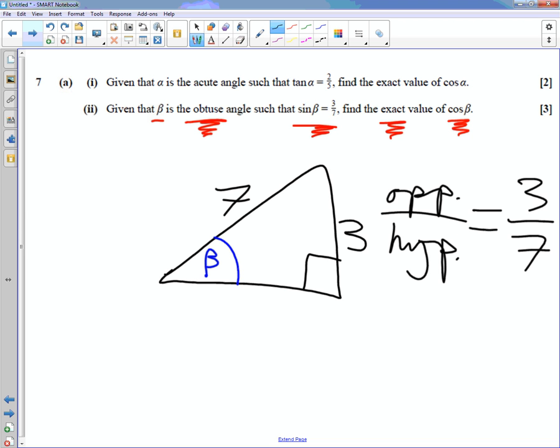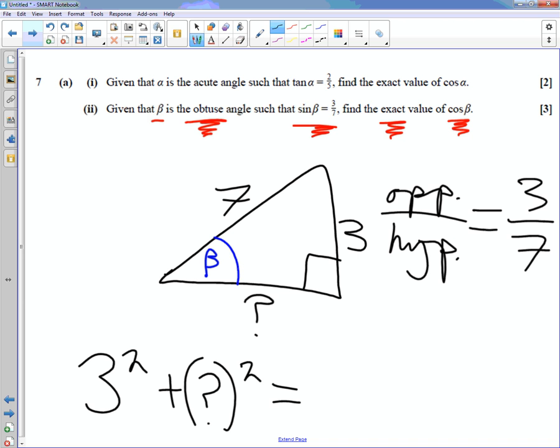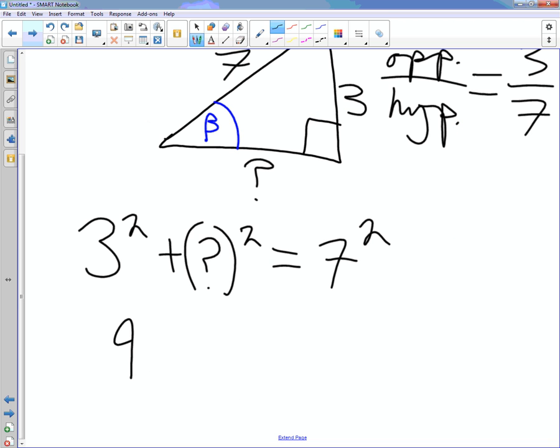So we want cos beta. Now, cos is adjacent over hypotenuse. So we want to find this third side. We're going to use Pythagoras once again. 3 squared plus something squared equals 7 squared. So 9 plus something squared equals 49.